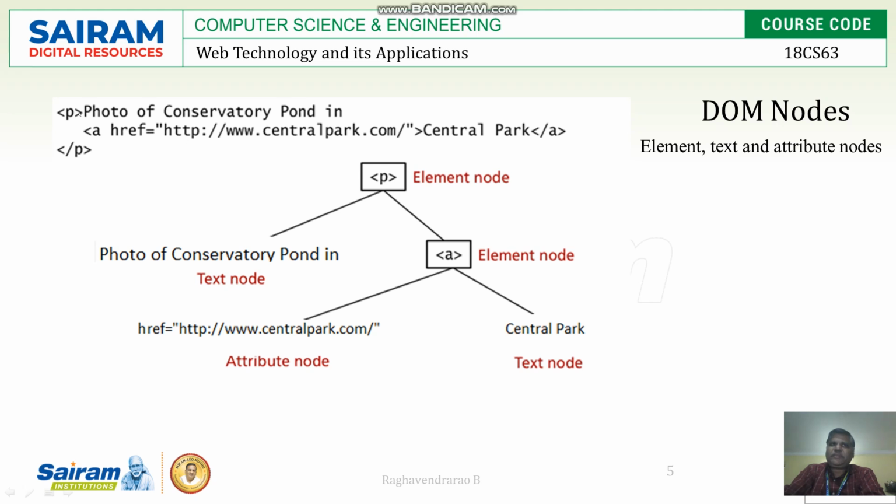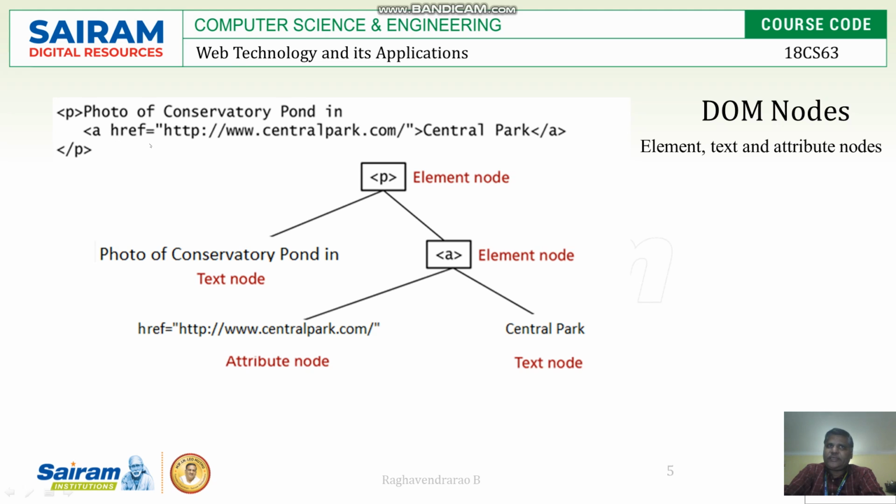So first is the paragraph, that is the element node. Then photo of the conservatory pond, okay, that is the text node. Anchor tag is there, that is the element node again, and within that href is there, that is called an attribute, because A is the anchor tag and it is the element, we can say.